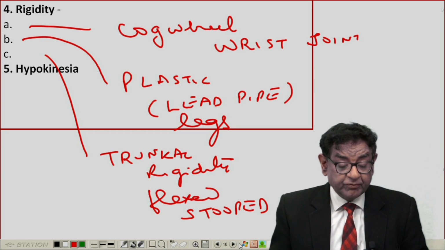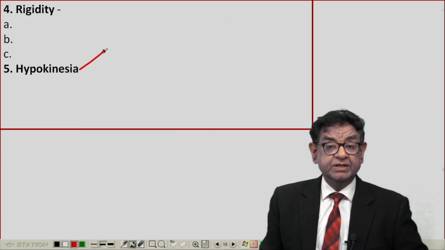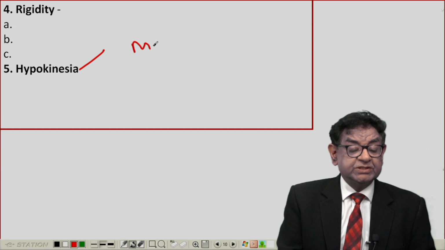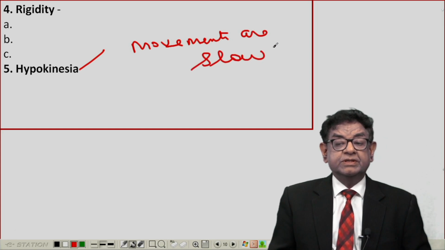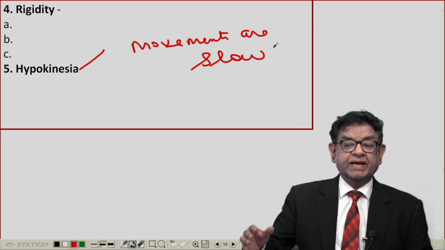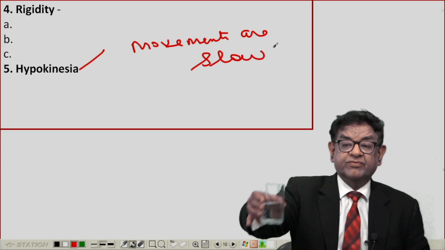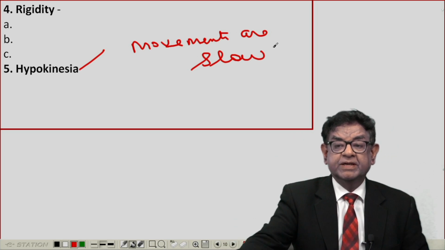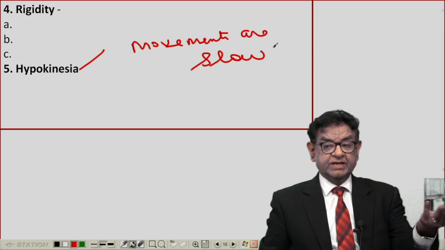Well, one more problem in this patient is hypokinesia. Movements are very slow. That means the patient has to pick up something. Look at my hand. Suppose the patient has to pick up a glass, like this glass I picked up. But now, let's presume it's a table, and there's a glass on it.